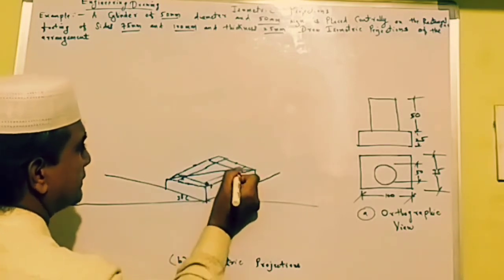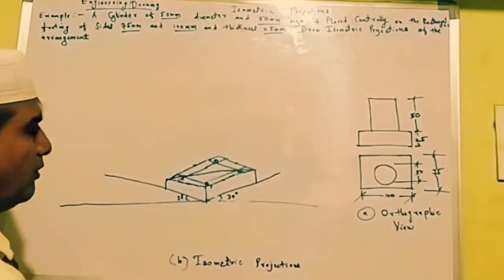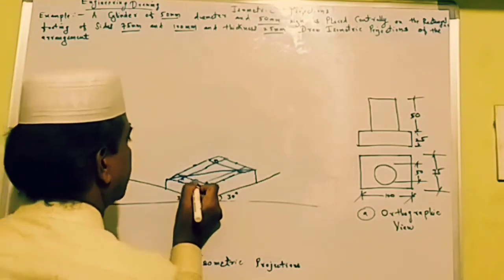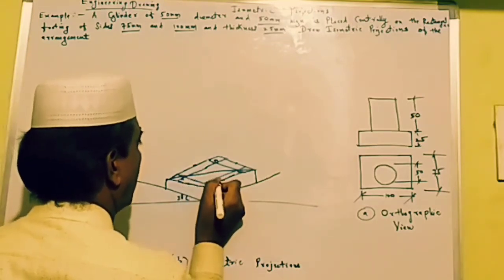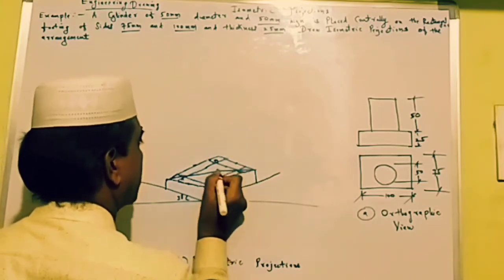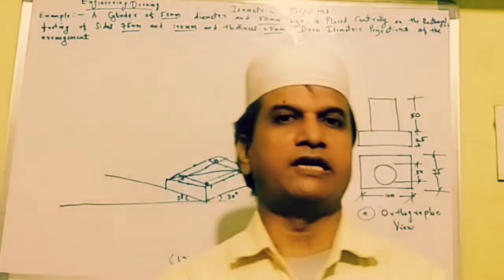C and D. Okay. Now we shall take the center of each side of the rhombus.